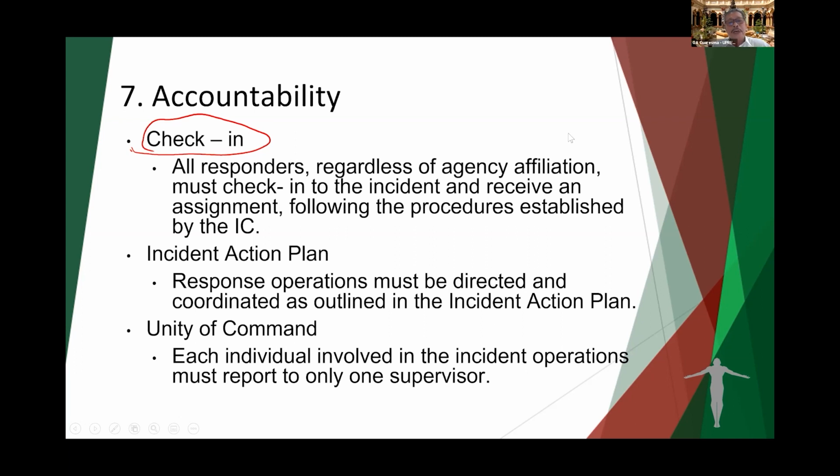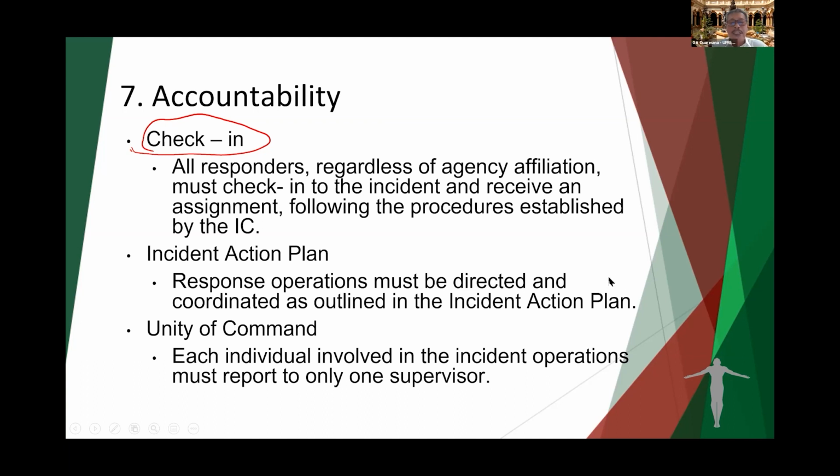Okay, and this should follow the established procedure of the incident command system. Now, also, a form of accountability is the incident action plan. All response operations must be directed and coordinated as outlined in the incident action plan.